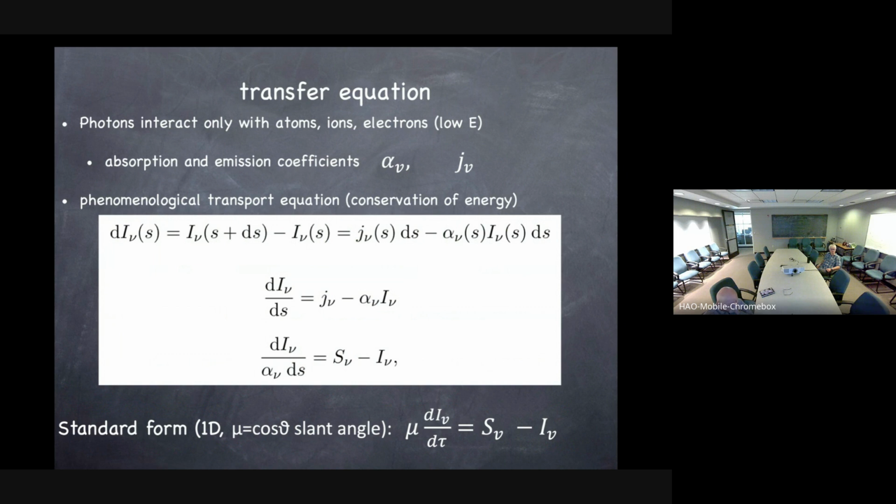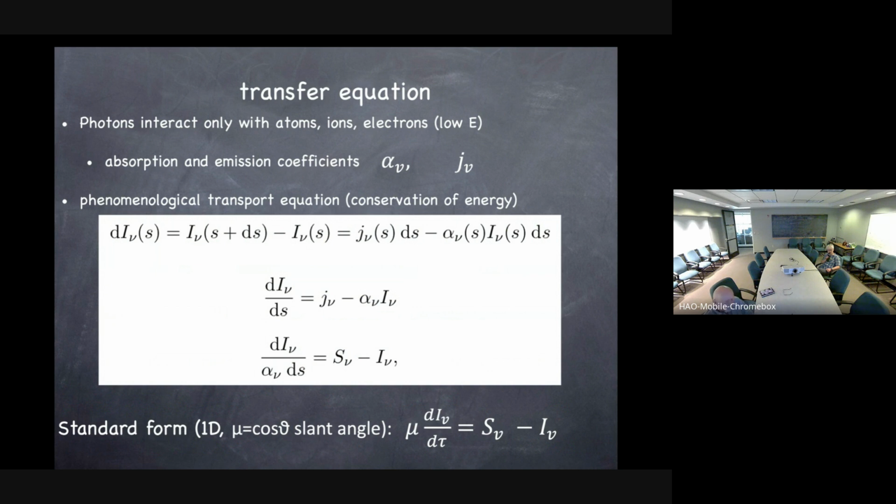So unlike, say, the Boltzmann equation, so what is the Boltzmann equation? It says the rate of change of the density in phase space, the distribution function, has two differential terms in it. One says, how does the distribution function change in space along a certain direction?